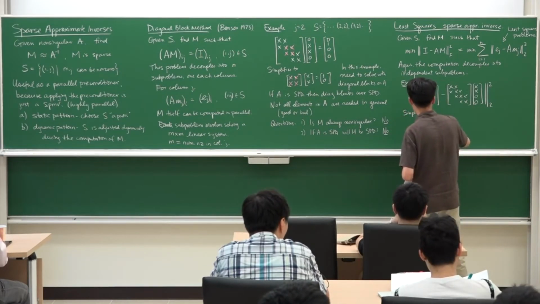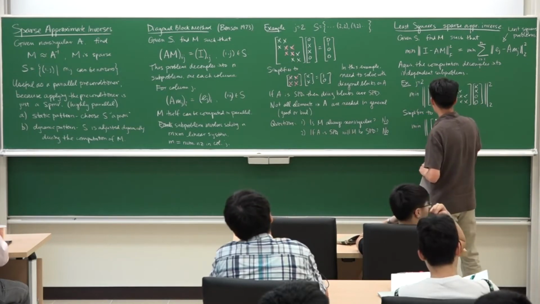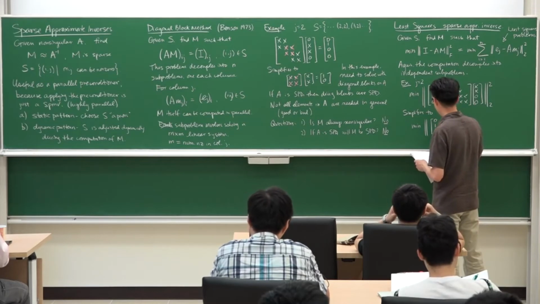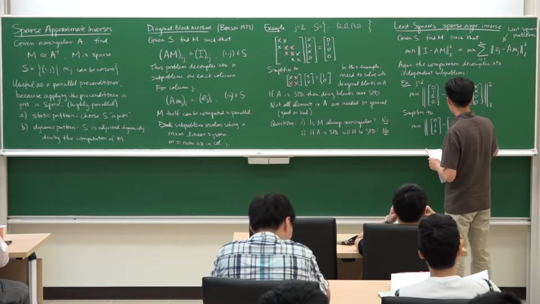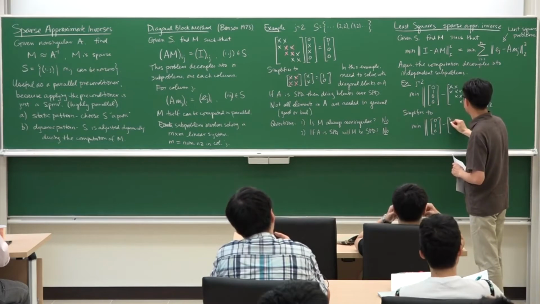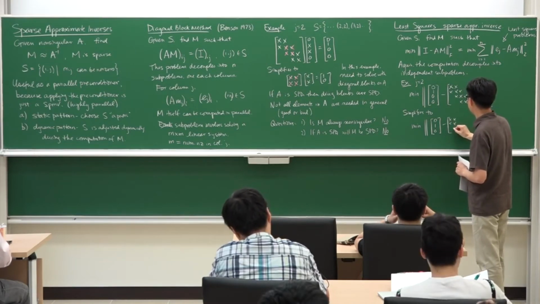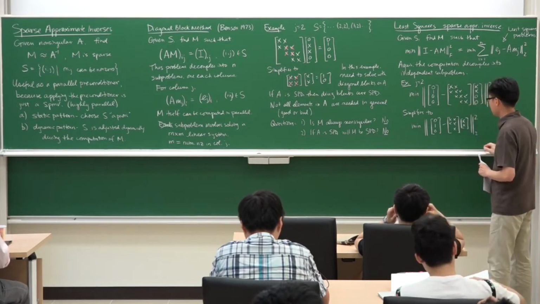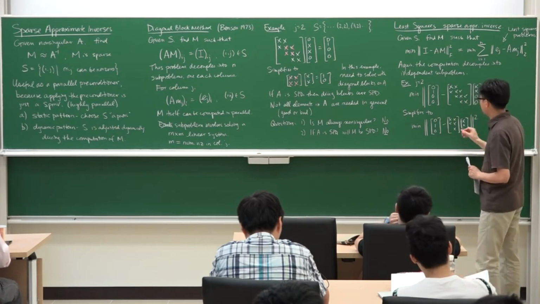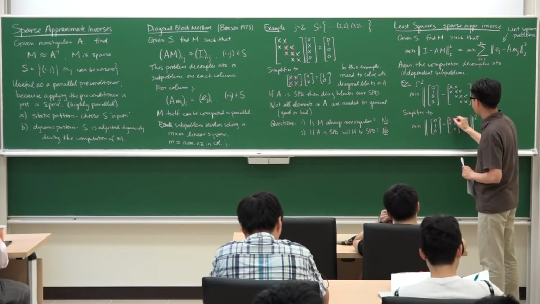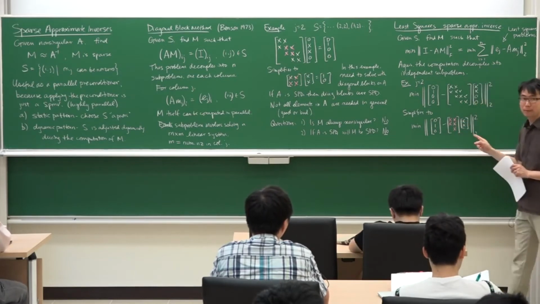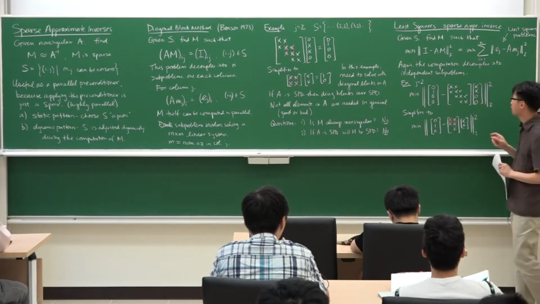Minimize the norm of (0, 1, 0) minus the reduced matrix times x, where this least squares matrix is 3 by 2, so it's not square, that's why it's a least squares problem.